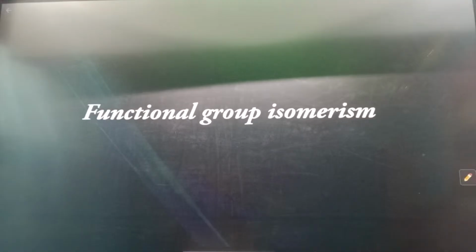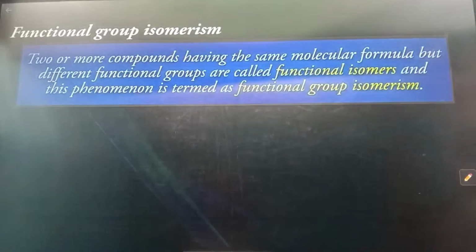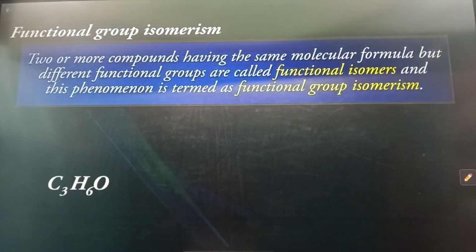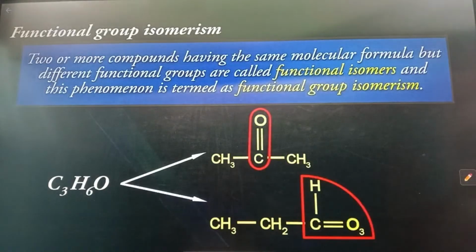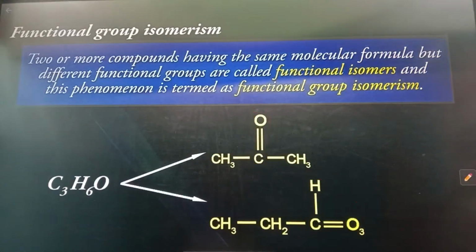The next type of structural isomerism is functional group isomerism. Two or more compounds having the same molecular formula but different functional groups are called functional isomers.